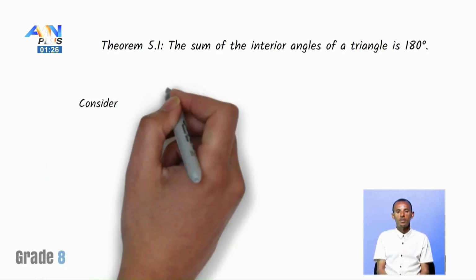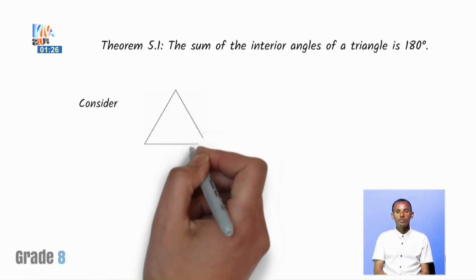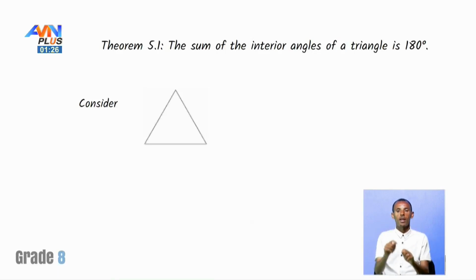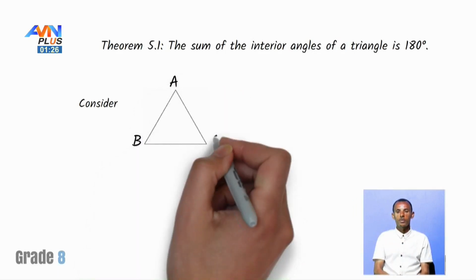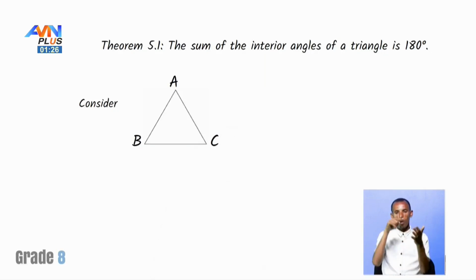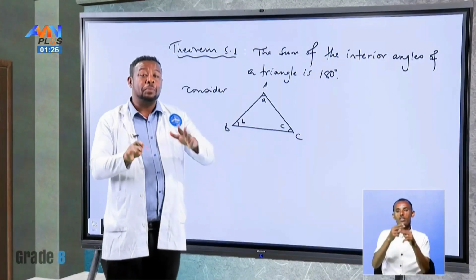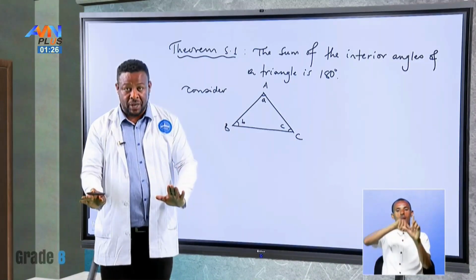Consider triangle ABC. Say this is A, B, C. These are the vertices. Say the angle here is small b, the angle here is small a, and this is C. The small letters represent angles, right?